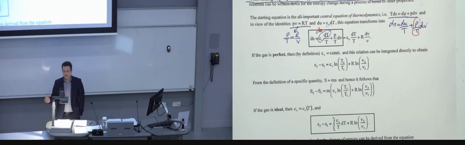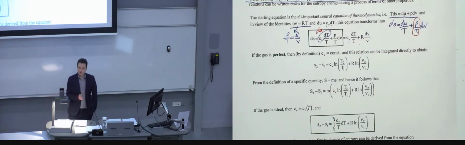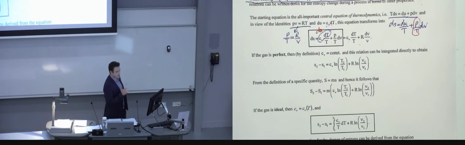If you have a perfect gas, and remember there's a difference between a perfect gas and an ideal gas, the only difference is that the values of Cv and Cp are constant in a perfect gas, so things are a lot easier.